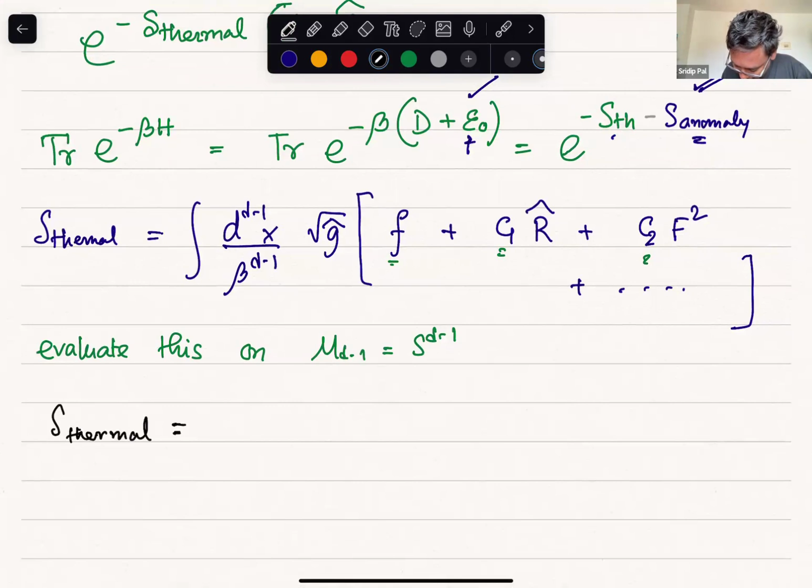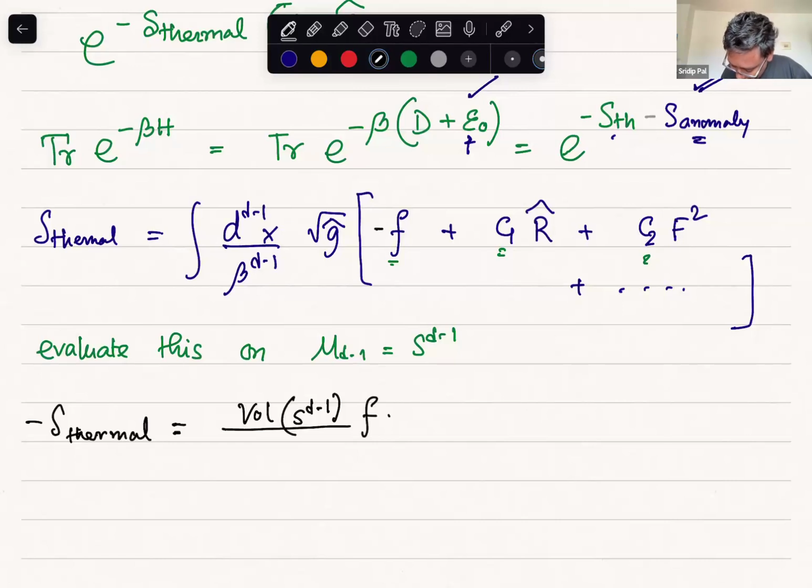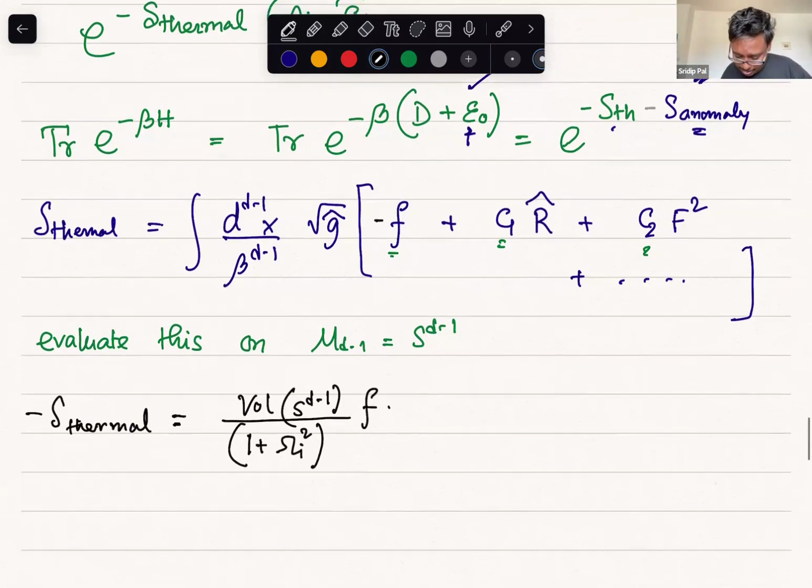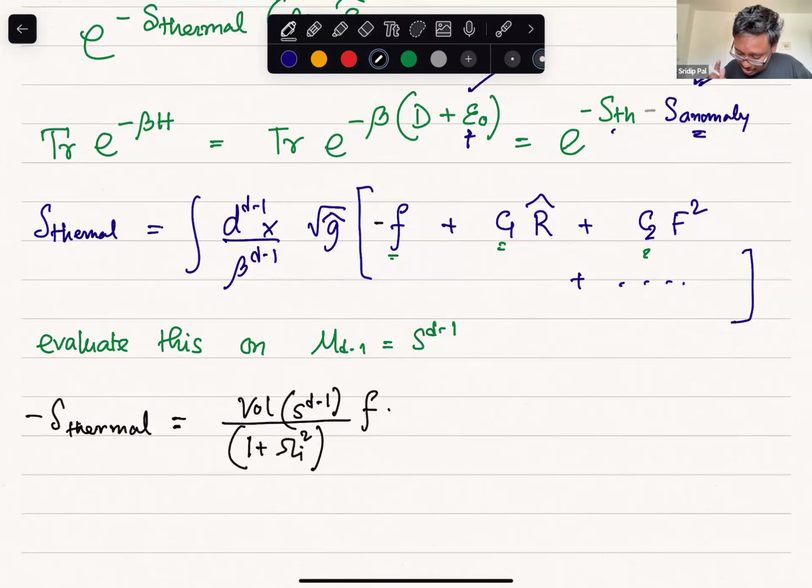It will be of the form: minus S thermal would be the volume of S^{d-1}, with a factor of 1 plus omega_i squared, where this omega_i is basically coming from the twist.